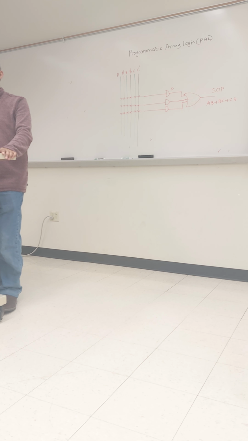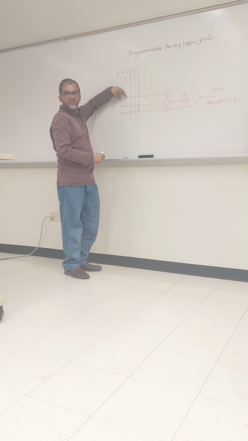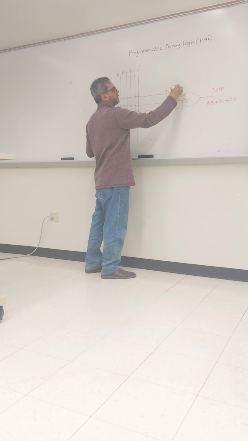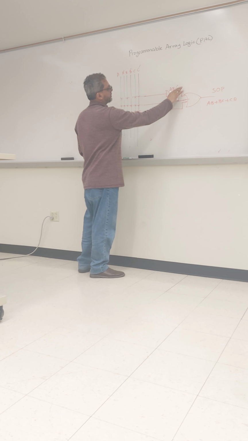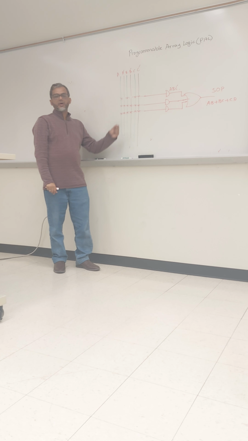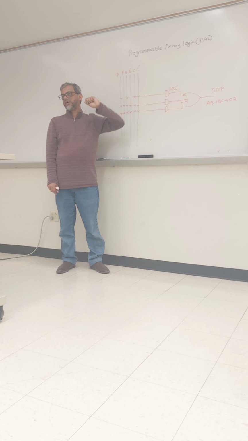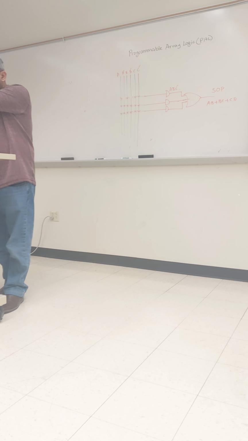It is possible to generate, that means we can generate, our desired minterms. If, for example, from here I want A, B and C, so what I do is remove the other connections, keeping this intact, so I get A, B, C. So depending on our requirement, we can easily determine our minterms here.